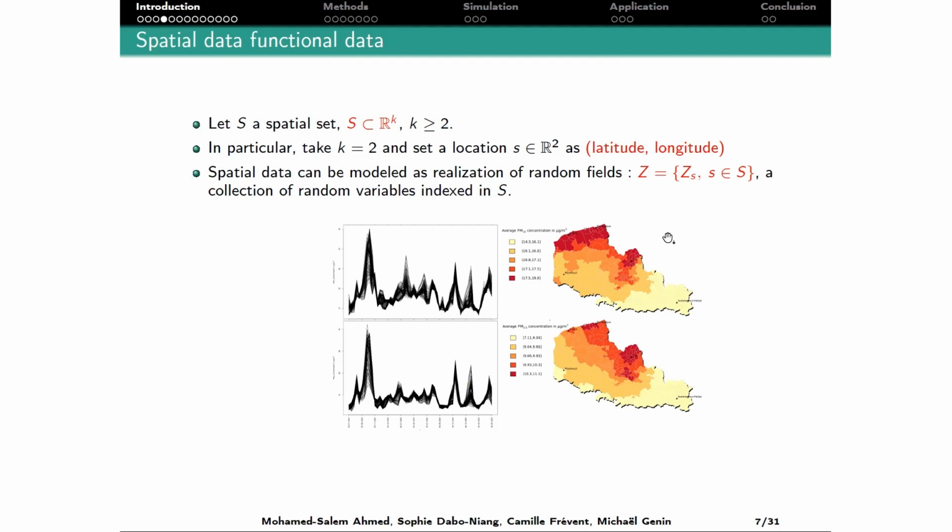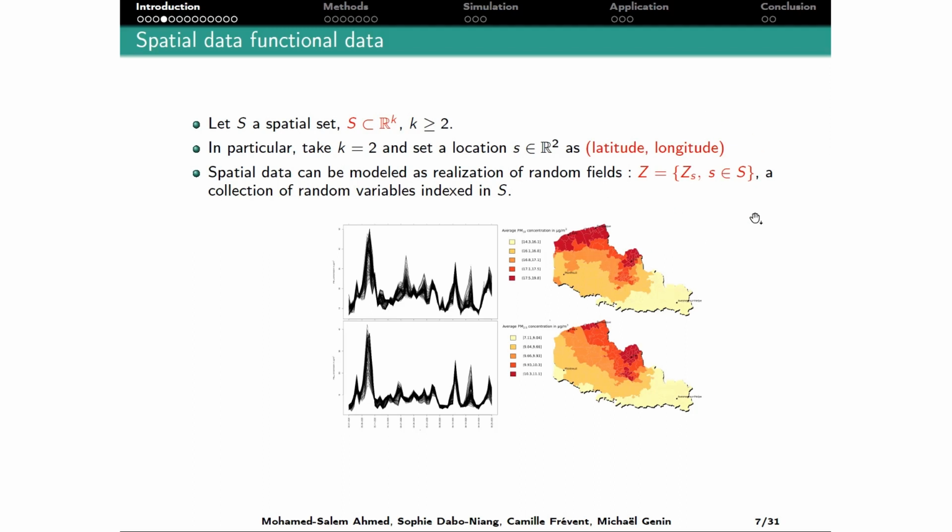S may be here the map of a particular region, or it may be France, etc. And for this region, at a given location, maybe a postal code, we observe two kinds of pollution data. We look at the average PM10 and so on. So here are the curves observed at each location. Each curve is related to each location.